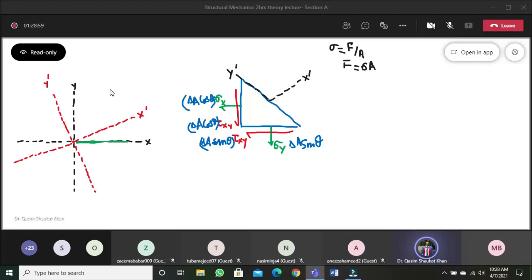This is the force tau xy delta A sin theta. So it has two components about the y dash axis.